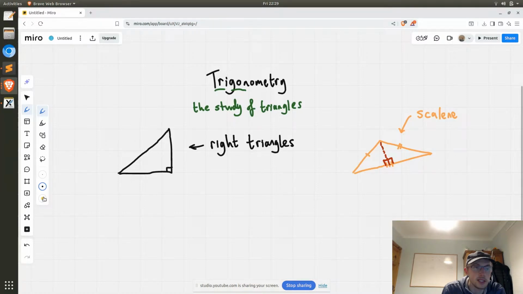When we look at a right angle triangle, we understand that it always has a longest side, which we call the hypotenuse, and a pair of shorter sides, which we call the legs, of the right triangle.